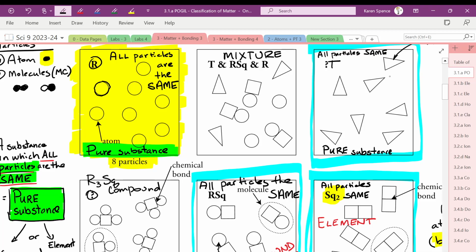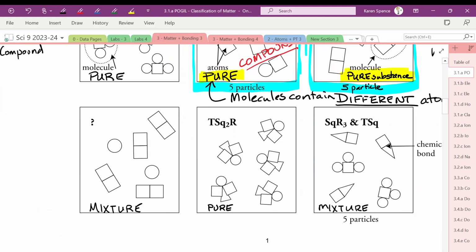And actually, while we're up here, what type of pure substance is the top right? That is an element. Okay, bottom left. We have a mixture of what? We have a mixture of this substance and that substance.